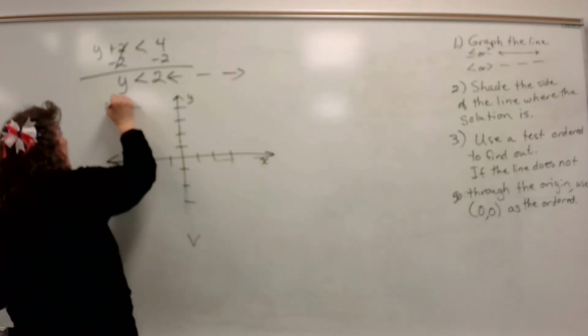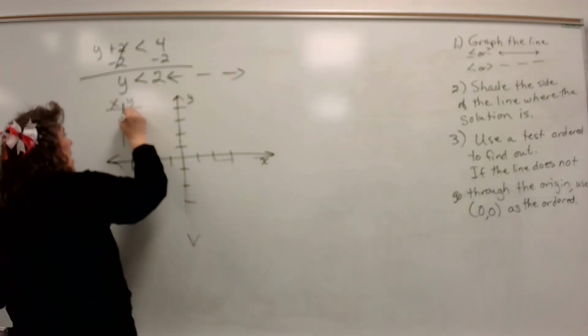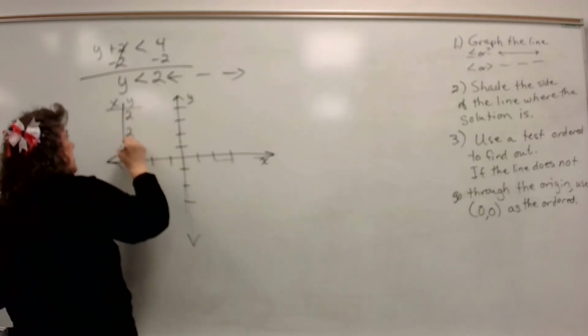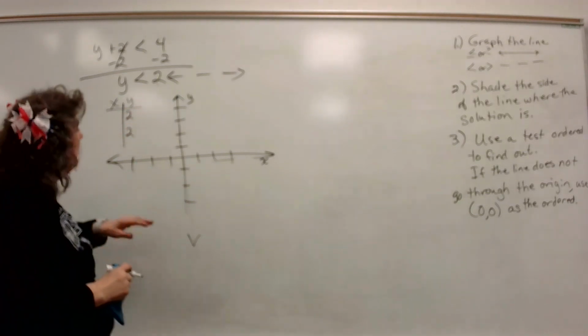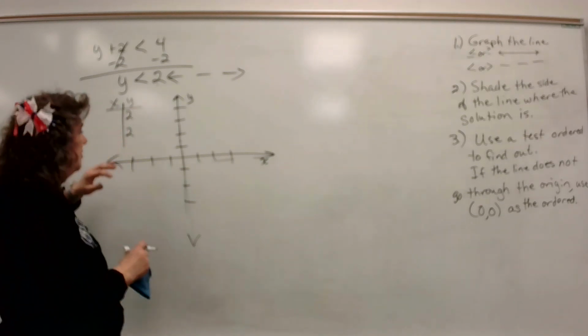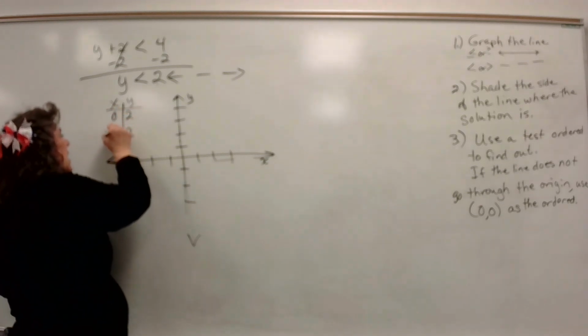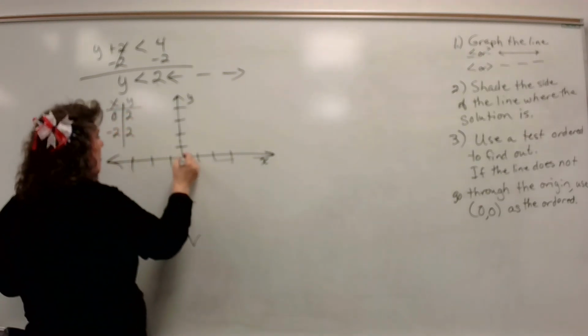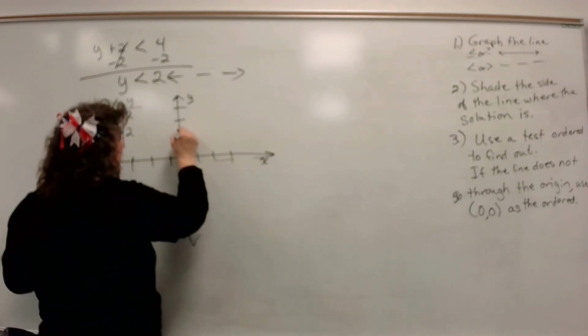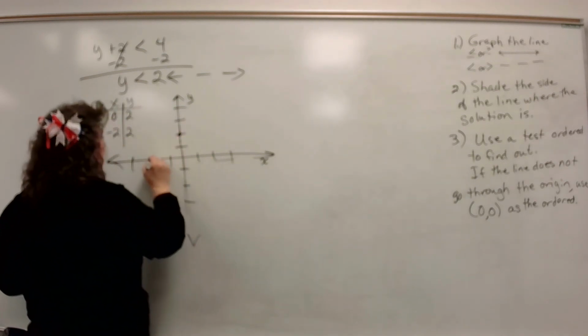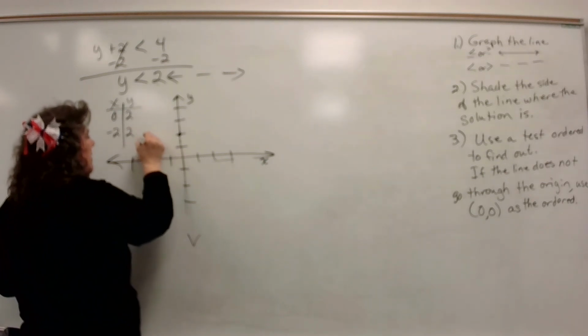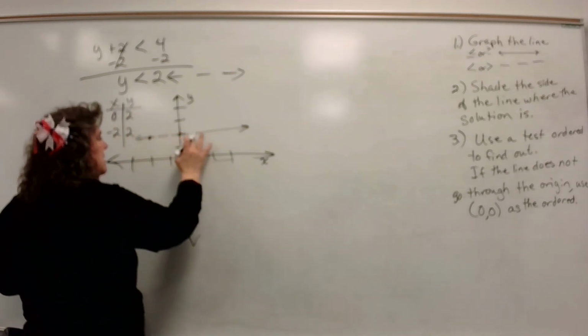Again, if we looked at the XY chart, my y's, we're looking for things related to 2, right? Well, if it's equal to 2, it has to be 2. And x can be anything you want. Therefore, if I have (0, 2) and (negative 2, 2), that makes that horizontal line, only it's not a line, it's a dashed line.